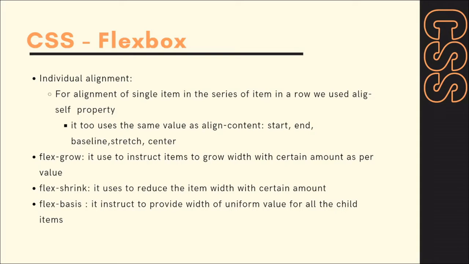Flex grow is used to instruct the item to grow in width by a certain amount as per value. Similarly, shrink is the opposite of grow. It will reduce the item width by a certain amount. Flex basis is used to provide the width as a uniform value for all the child items.